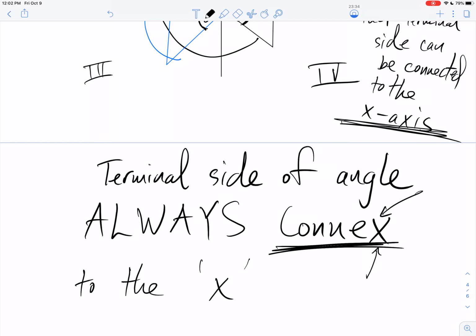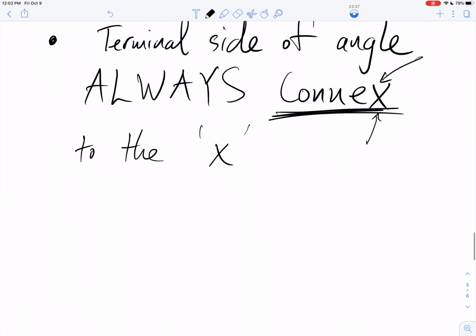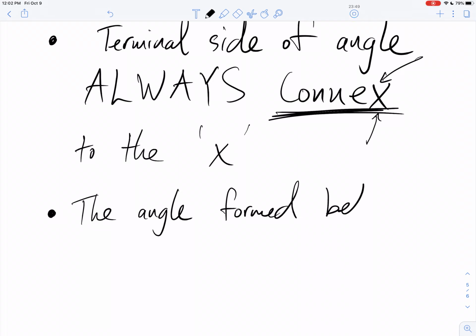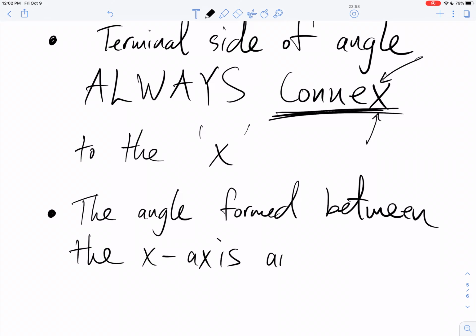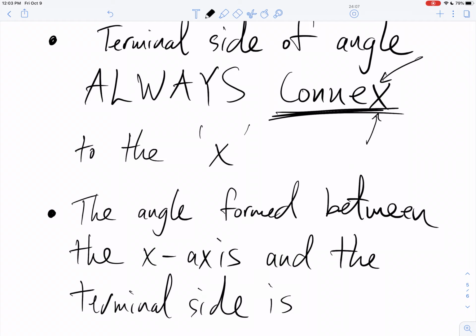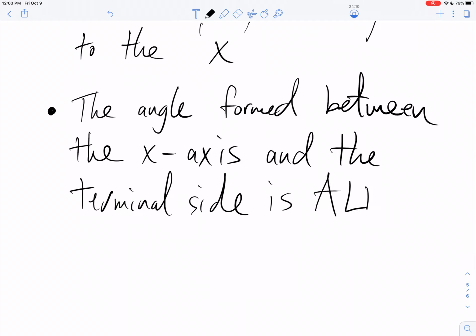Okay? And then, here's the other universal truth forever and ever with this concept. The angle formed between the x-axis and the terminal side is always, love when I get to say that, the reference angle.